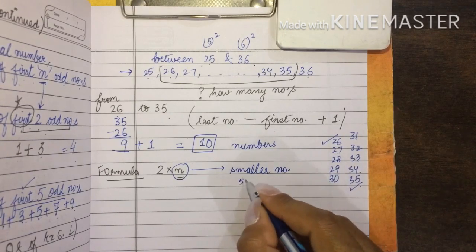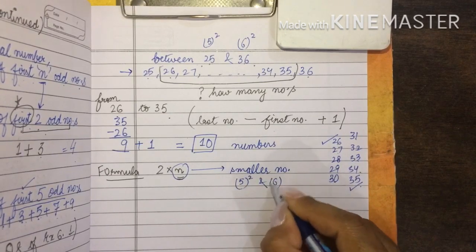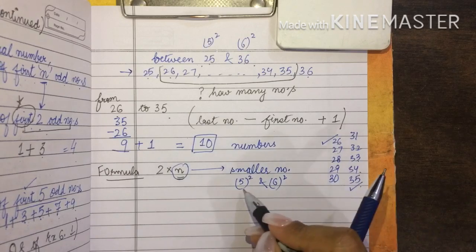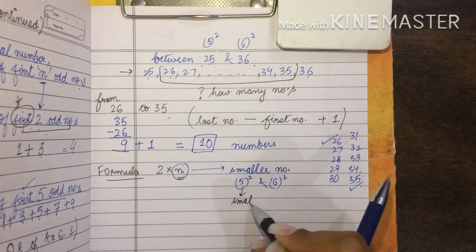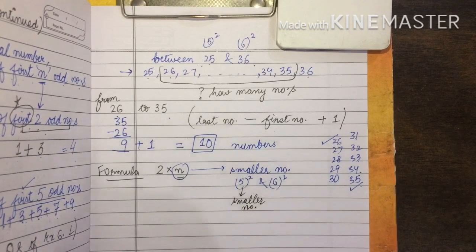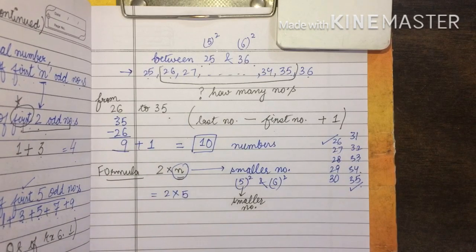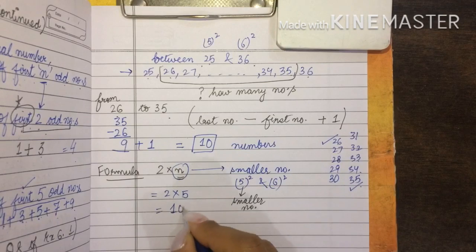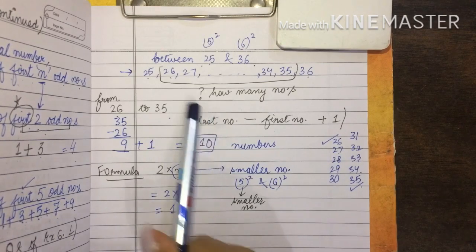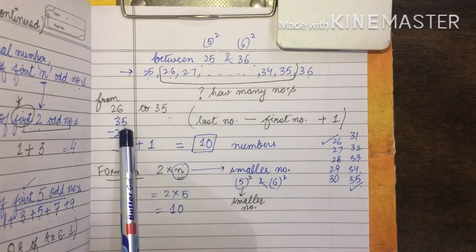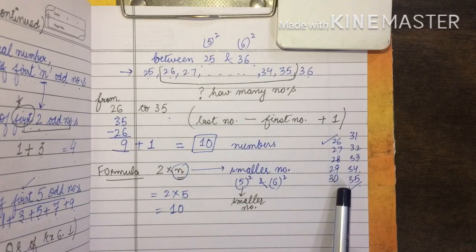I am working with 5 square and 6 square, so 5 is the smaller number. Applying the formula, this will be 2 multiplied by 5, so the answer will be 10, which is correct because we verified it by actually writing them.